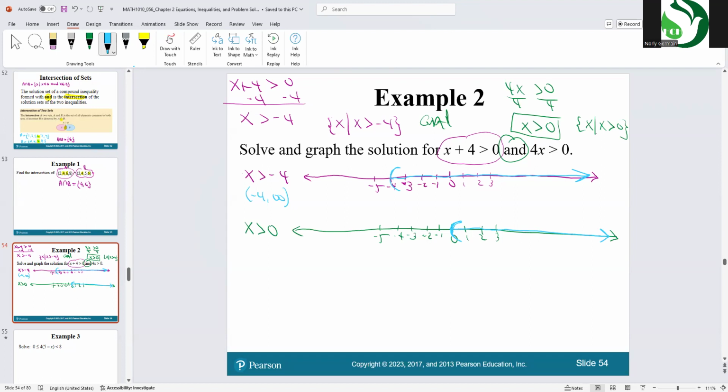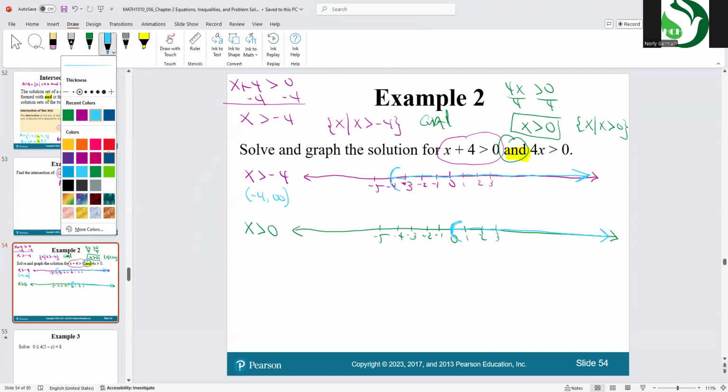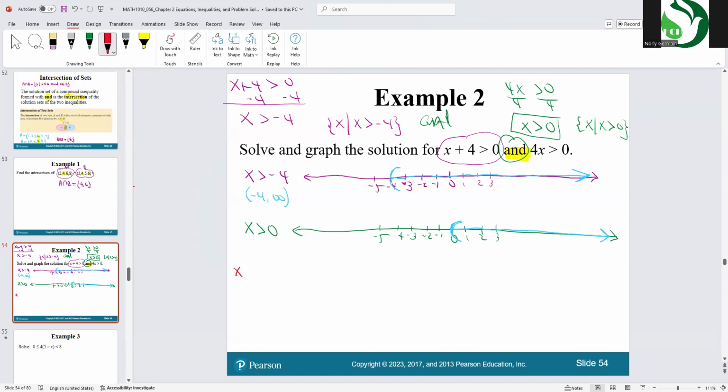Now, we are ready to answer the question asked. The question is to solve and graph the solution for the compound inequalities. For the compound inequalities, remember, we have "and". And means, what section do you see that belongs to both sets? So what we're going to do here is go over x greater than -4 and x greater than 0.